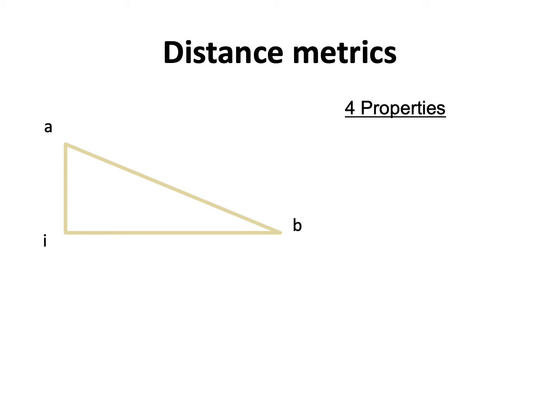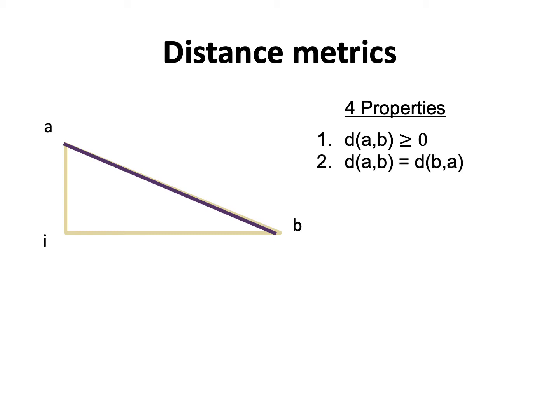So let me give you the 4 properties of a distance metric. The first property is that if you take the distance between points A and B, it is greater than or equal to 0. So distances are non-negative. Also, the distance from A to B is the same as the distance from B to A. So there's this symmetric property of it.